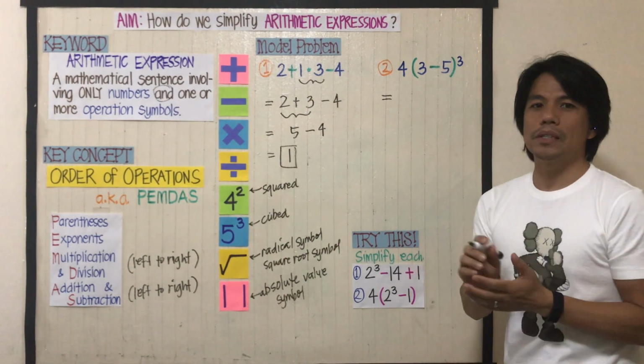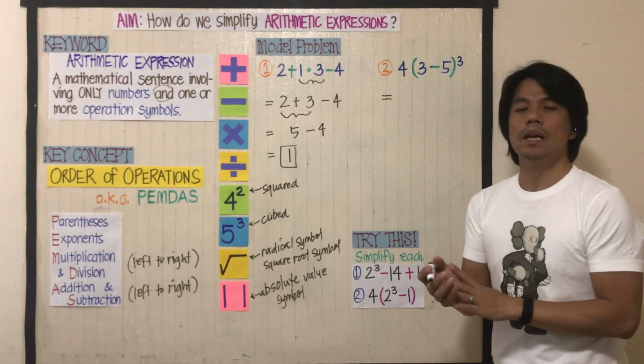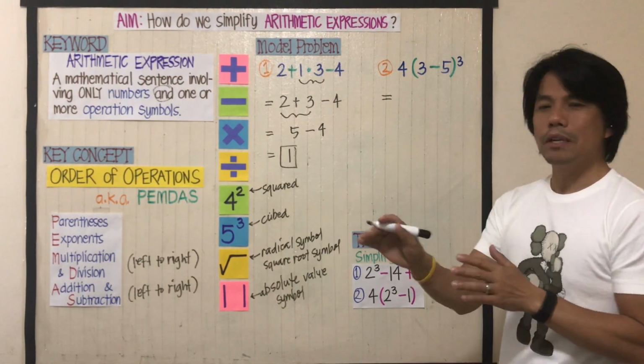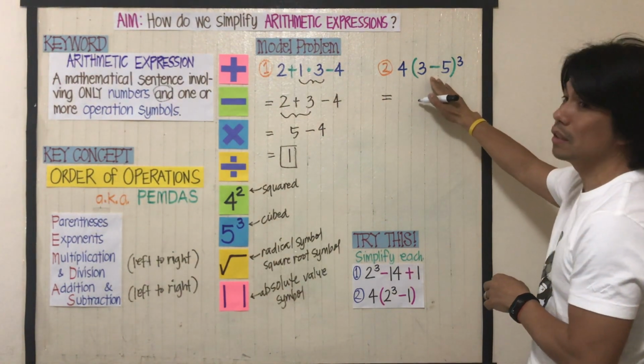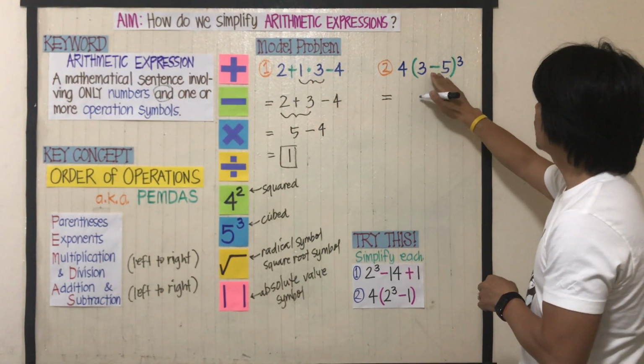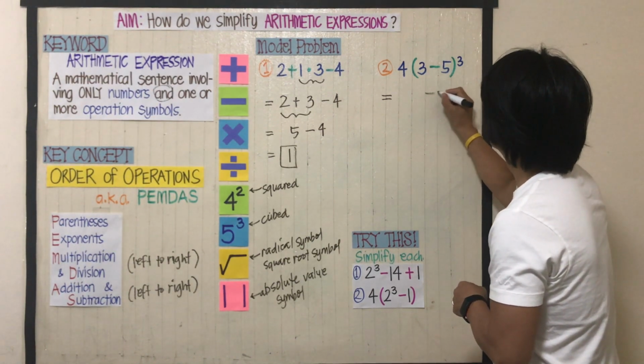I discussed in another video how to subtract signed numbers, so feel free to check out the videos on my channel so that you can learn how. So 3 take away 5 is -2.